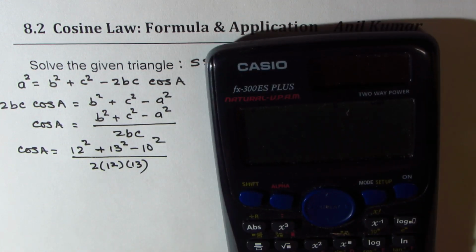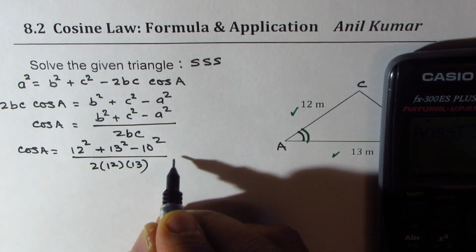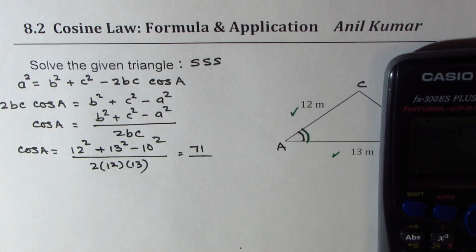Okay, so let's calculate. So we have 12 square plus 13 square minus 10 square, divided by, within brackets, 2 times 12 times 13, equal to 71 over 104.